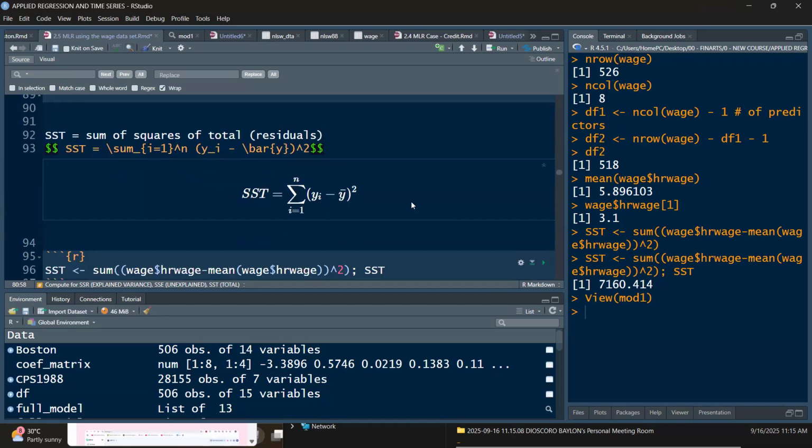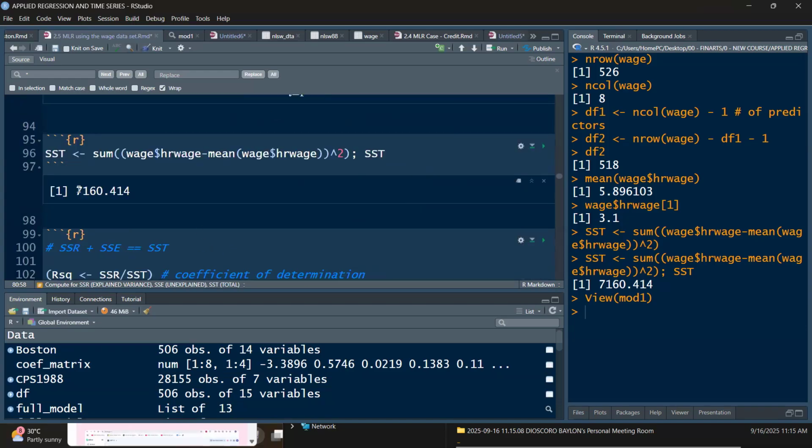So we show that here, di ba? Ito yun. We have 7160.414. Let me pause for a while, class. Did you get that, class? Maybe some of you have questions about that. Kindly chat, please, if you were able to get 7160.414.